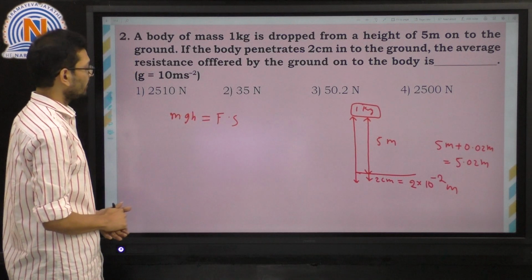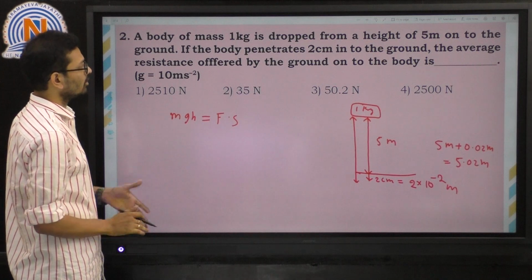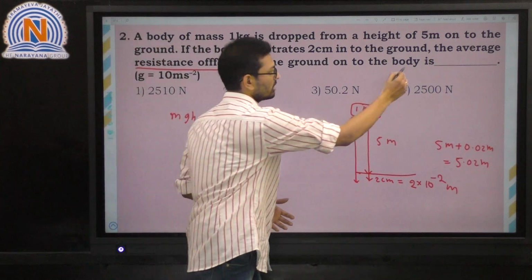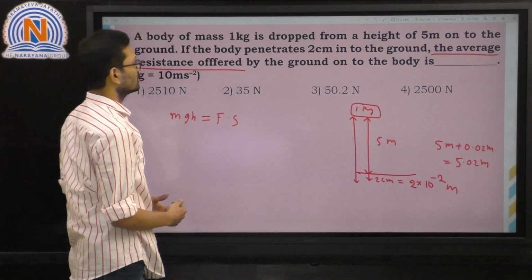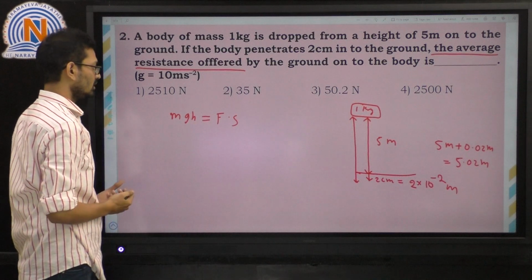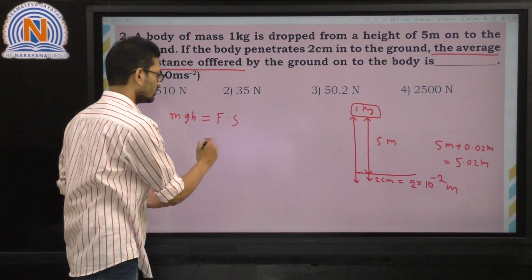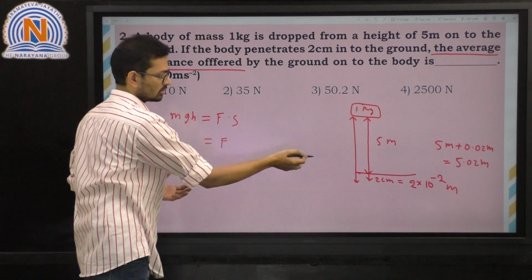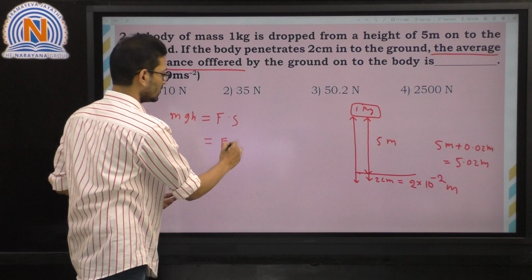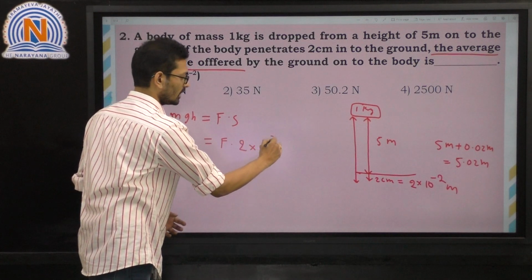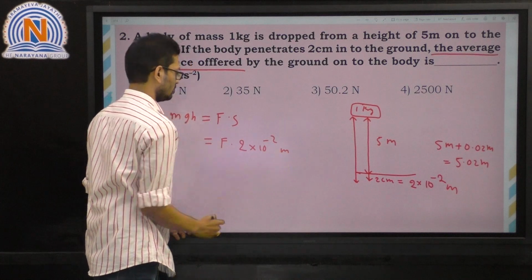Now here I need to find the average resisting force which is offered by the ground. My displacement in resistance is 2 centimeters, so in the place of displacement I am going to put 2 into 10 power minus 2 meters.